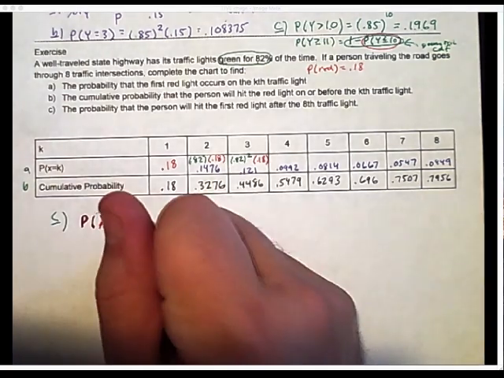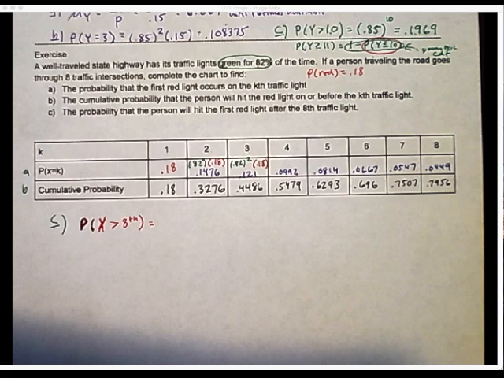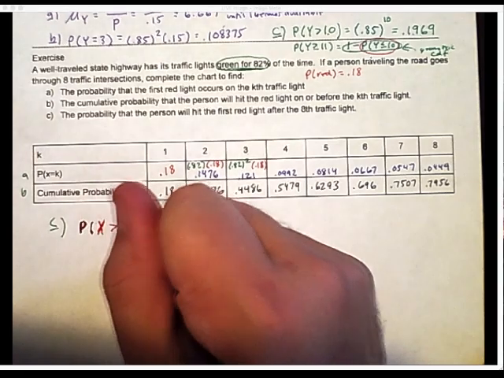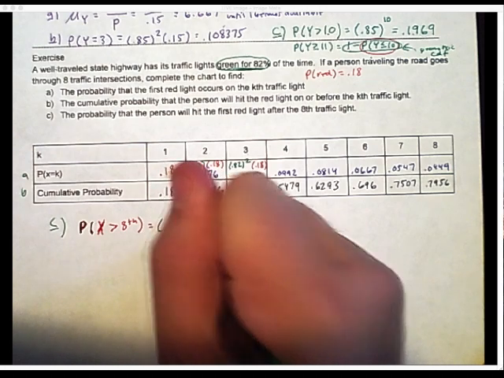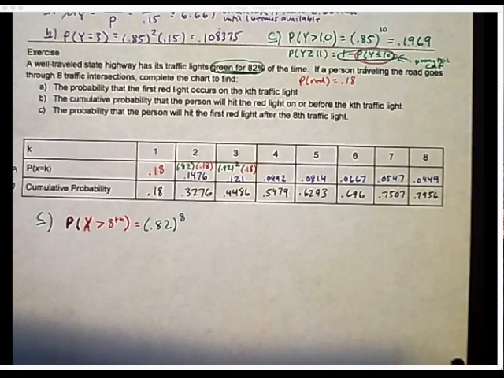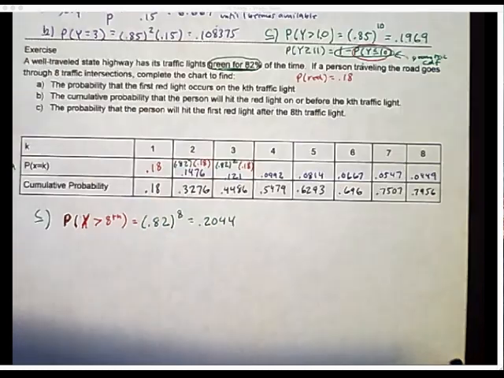Okay. So if we use our formula, all right, we take the probability of failure. Well, to us, failure is green. We take 0.82 and raise it to the 8th power. If I do that on the calculator, I get 0.2044.